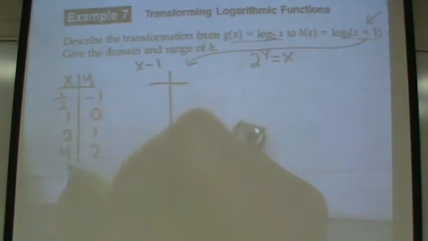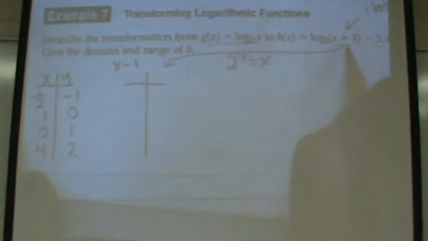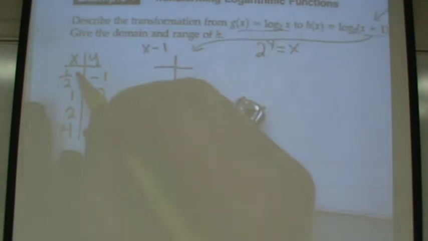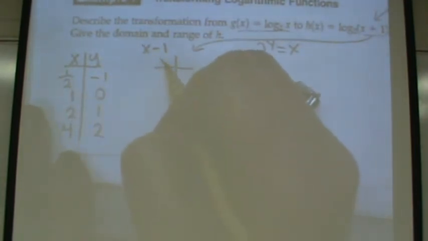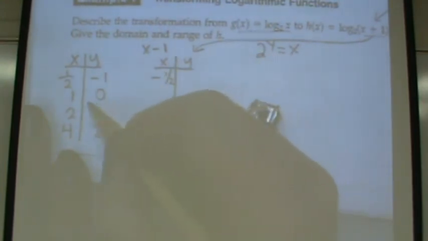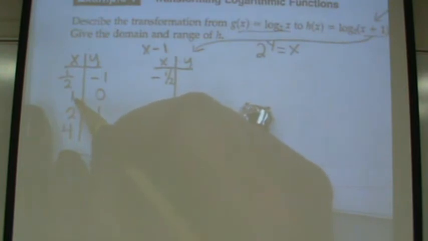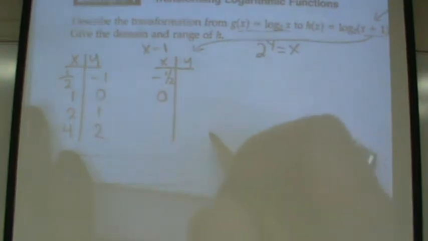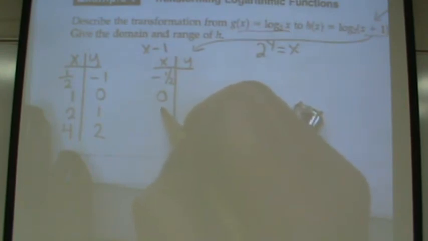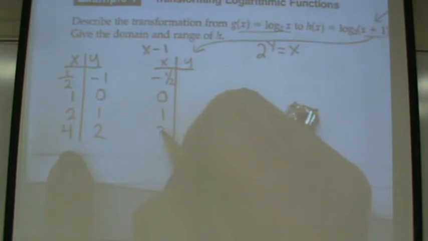Take these x values, remember you do the opposite here, subtract 1. So if we subtracted 1, what's 1/2 minus 1? -1/2. What's 1 minus 1? 0. What's 2 minus 1? And what's 4 minus 1?